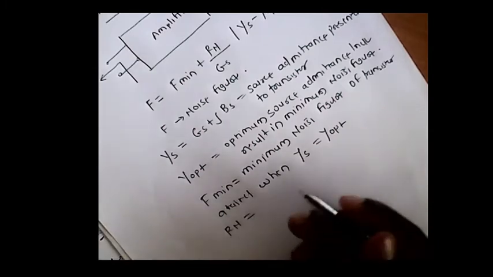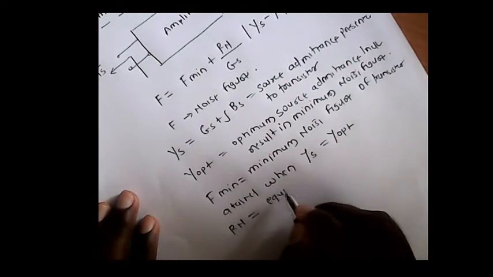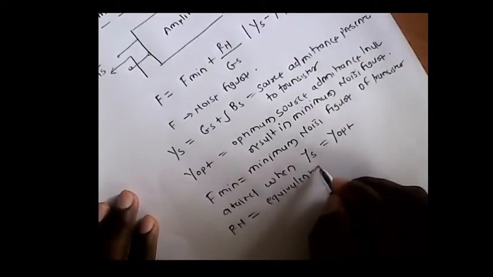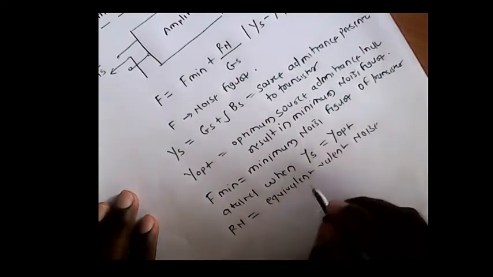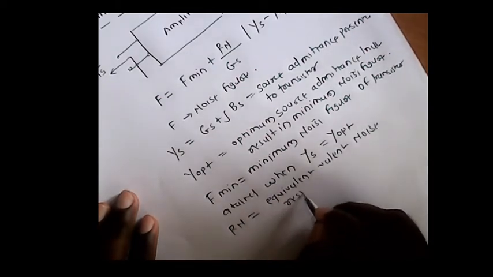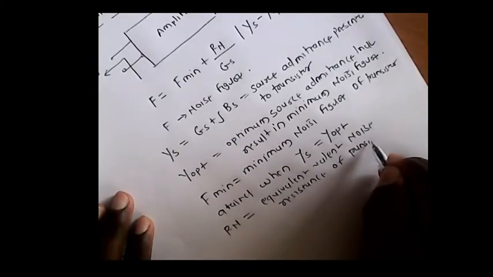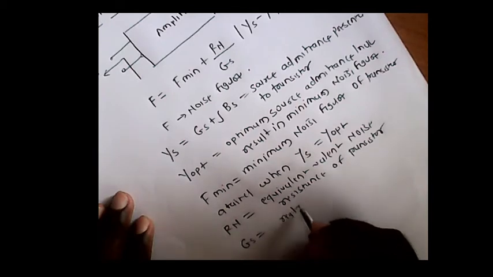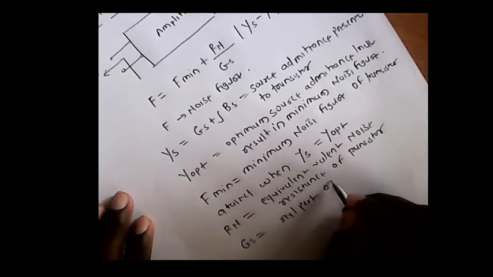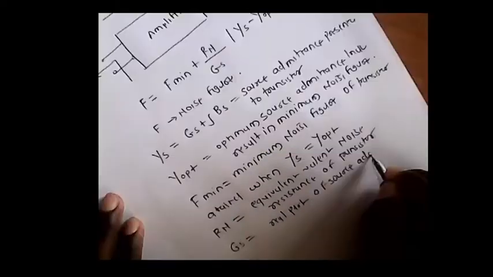of n is the equivalent noise resistance of the transistor, and G of S is the real part of the source admittance.